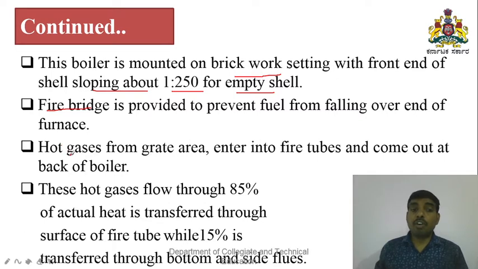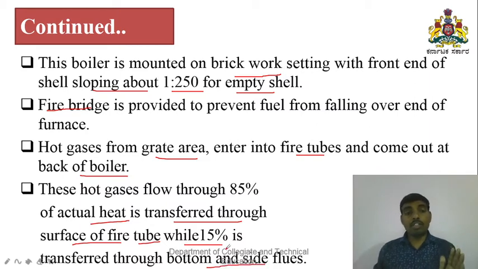Again, the hot gases from the grate area enter into the fire tubes and come out at the back of the boiler. I will show you in the next slides. These hot gases flow through, and 85% of the actual heat is transferred through the surface of the fire tube, while 15% is transferred through the bottom of the tube.